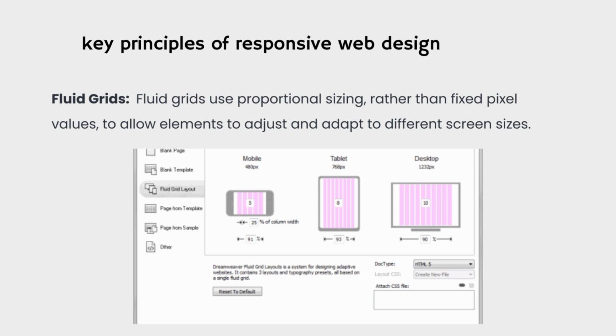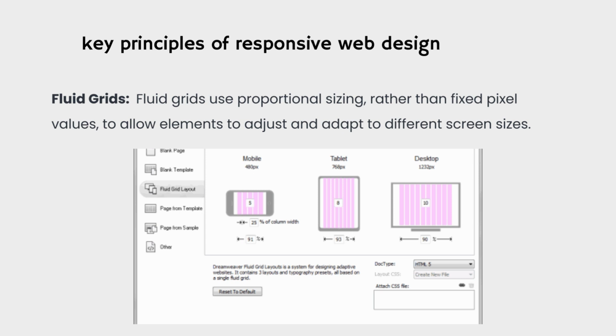So traditionally, when you are using grids, you set them with pixel values, and these pixel values are fixed. They can't be changed. So if somebody uses a device that has a screen size that is way bigger than the pixel value, that means your grid becomes very small.